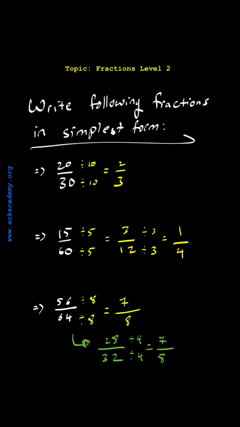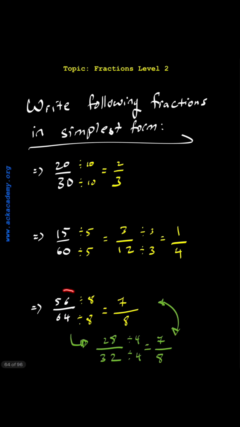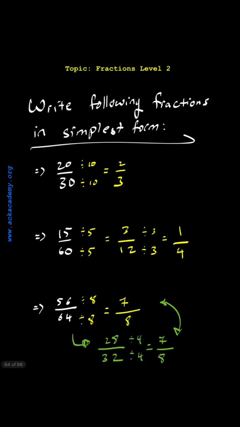And we're back at the same numbers. So if you don't see the larger factor, and you see even numbers, you can divide by 2, and then divide by 4. So those numbers make 7 over 8.